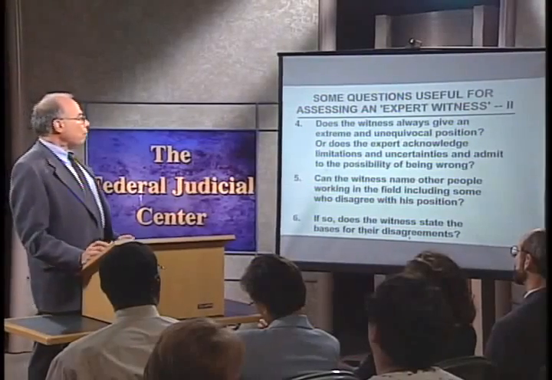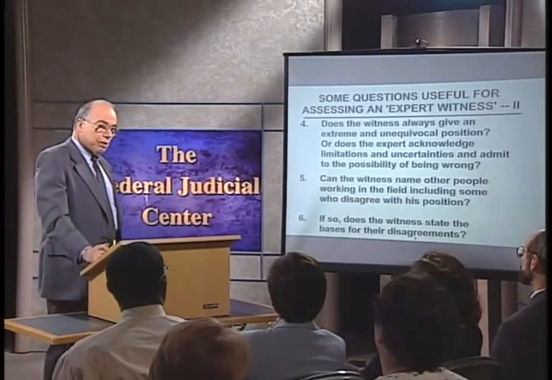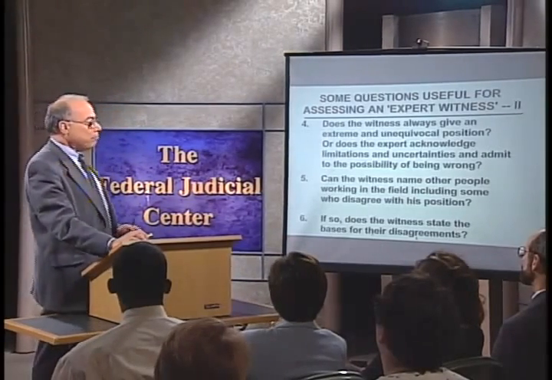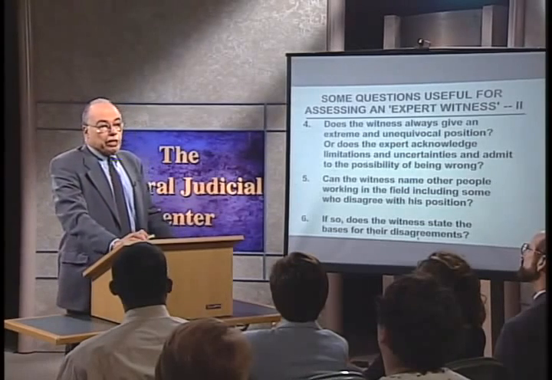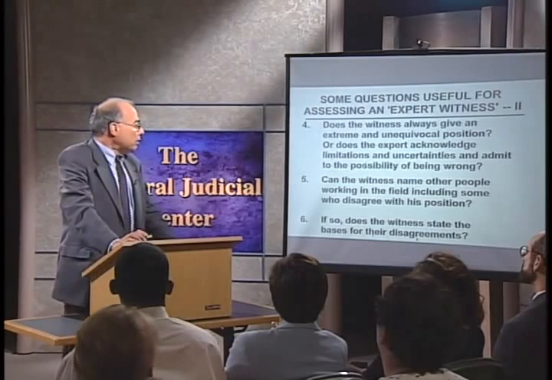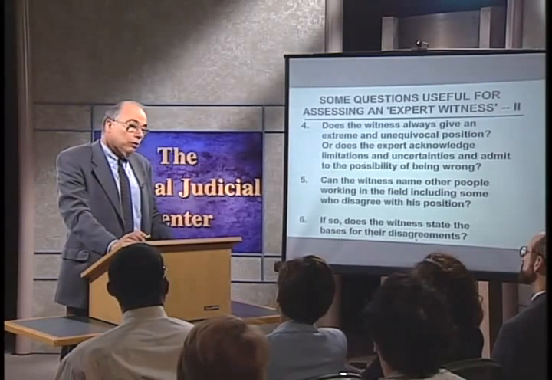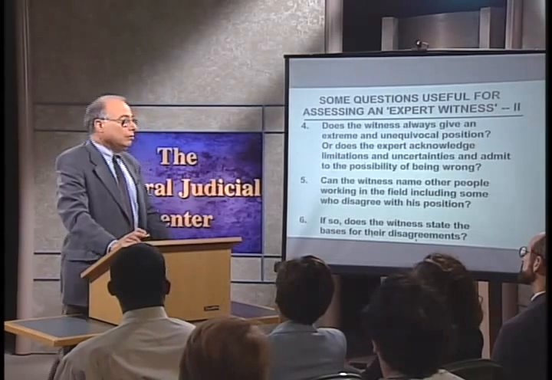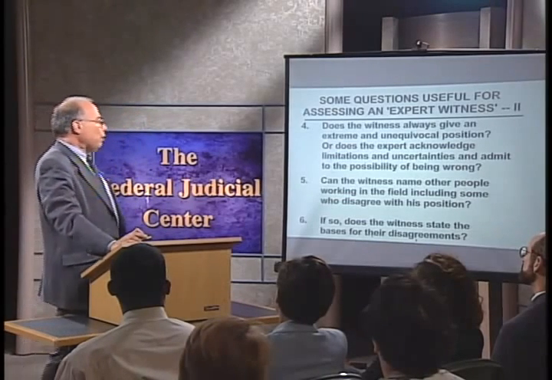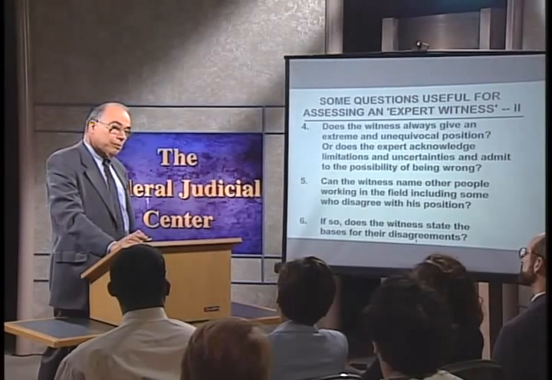Does the witness always give an extreme and unequivocal position? I mentioned a few moments ago the importance of uncertainty and of changing opinions in science. Does the expert acknowledge the limitations and uncertainties and admit to the possibility of being wrong? Can the witness name other people working in the field, including some people who disagree with his position?